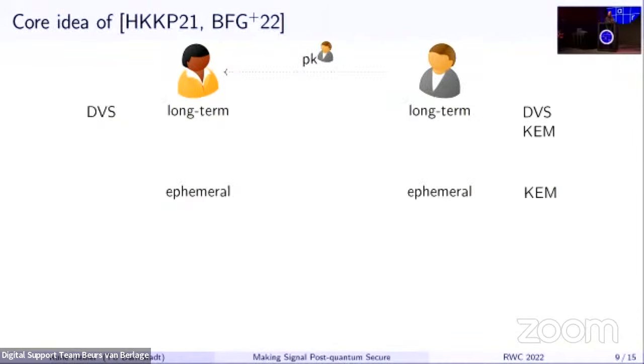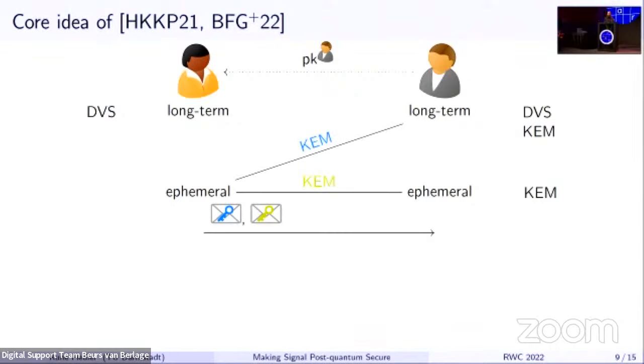Right, so what's the core idea of our protocol and of the protocol from Hashimoto et al.? Just the core idea, so I'm skipping the medium-term keys for a bit. We have long-term keys for both parties, which consist of a DVS key, and for the responder side, we're also using a KEM key. So the responder is using a KEM key actually for both long-term and ephemeral key. And then what does the initiator do?